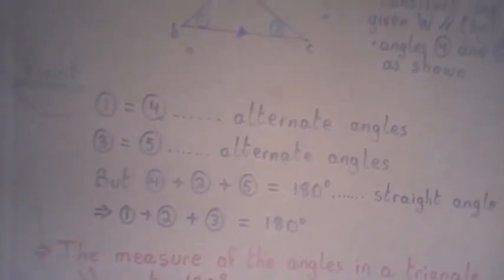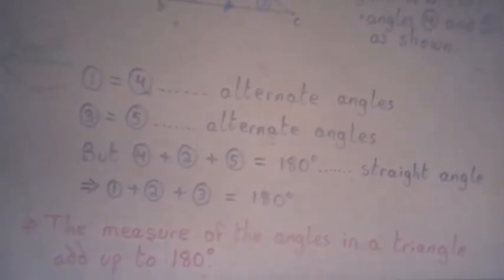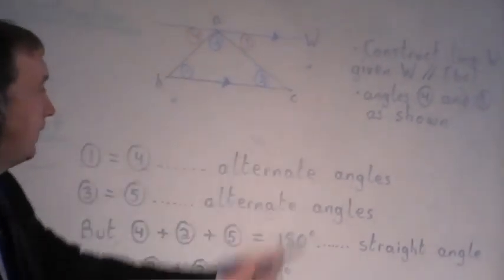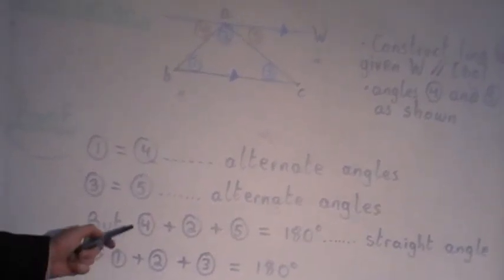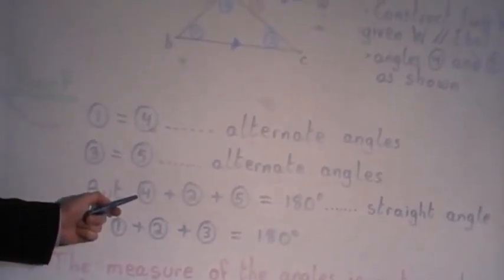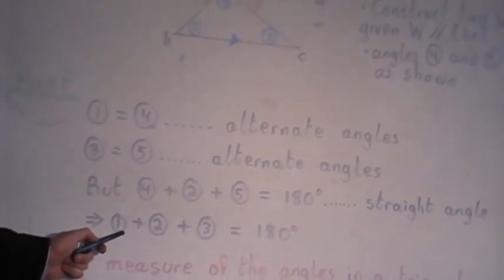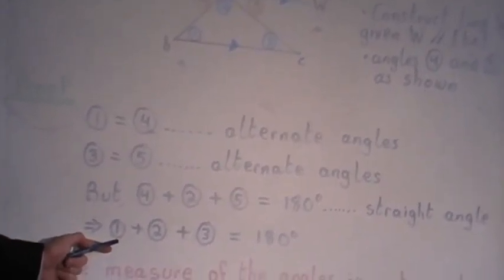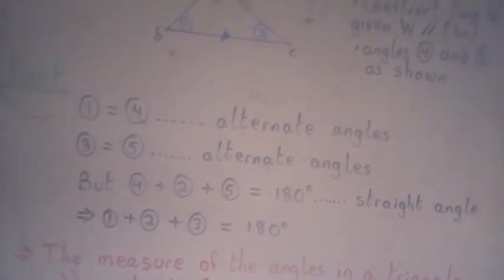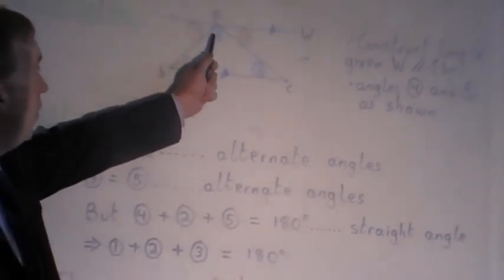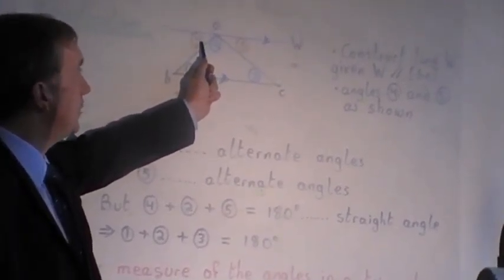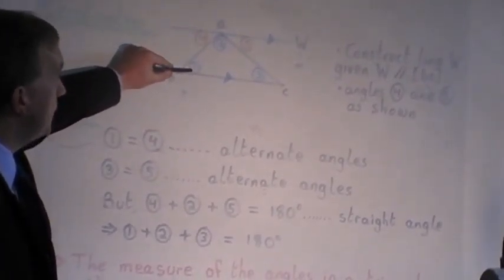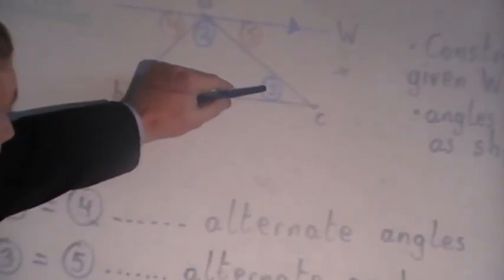And now, we saw, lads, okay, in the previous theorem, that 4 plus 2 plus 5 is equal to 180 because it's a straight angle. We similarly know that 1 plus 2 plus 3, that would then have to be equal to 180. Why is that again? That if 4 plus 5 plus 2 is 180 because it's a straight angle, but you know 4 is equal to 1 and 5 is equal to 3.